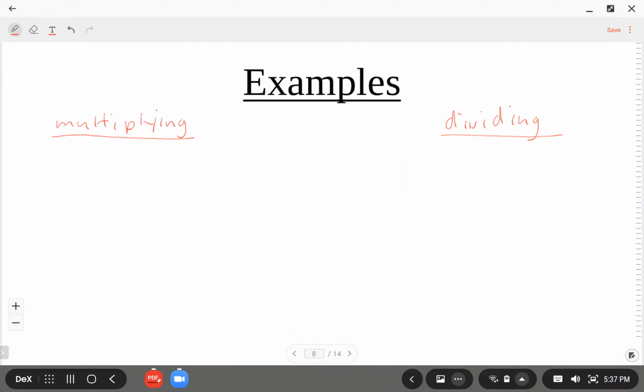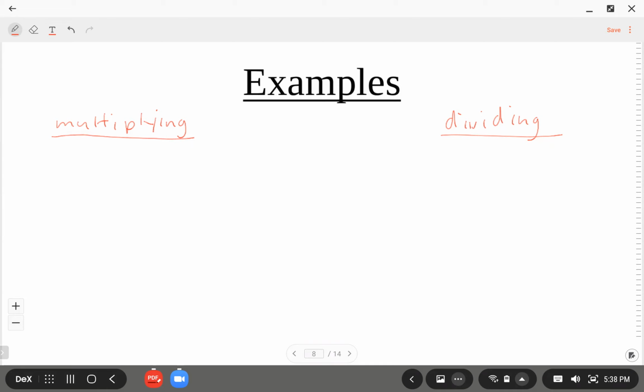There's only one type of dividing, but two types of multiplying, and I'll elaborate on this later. So now let's go to multiplying scientific notation. So, what do we do with it?